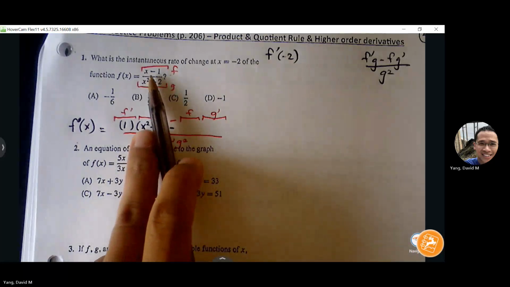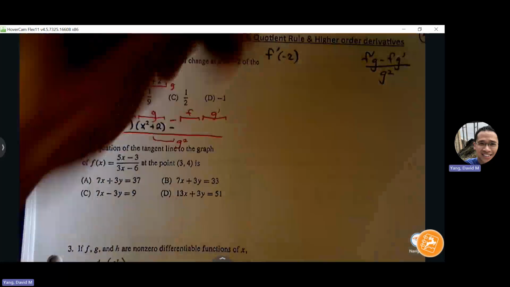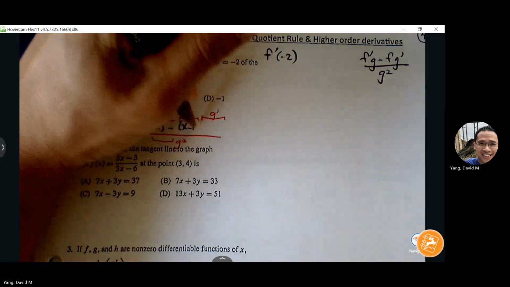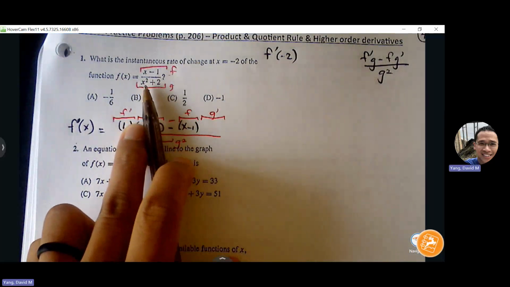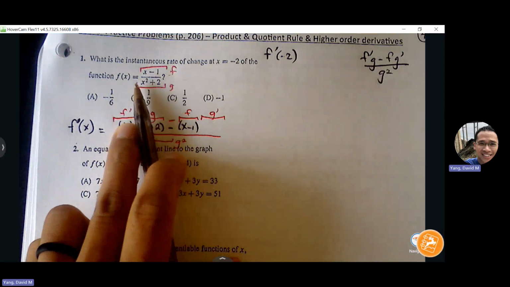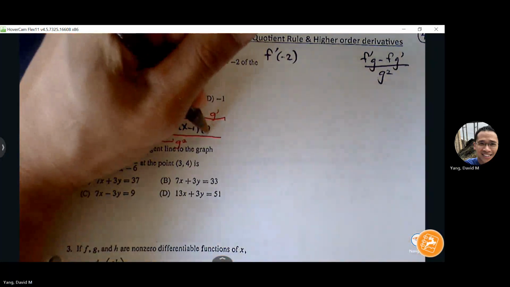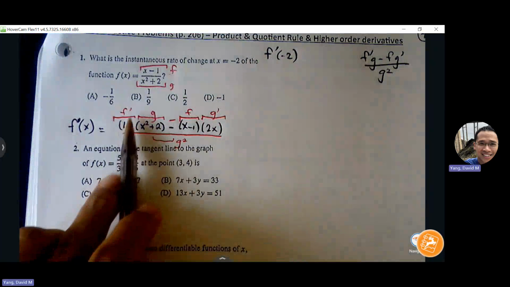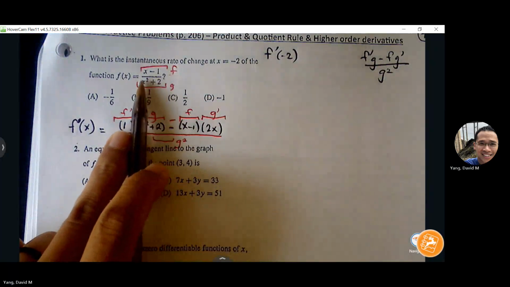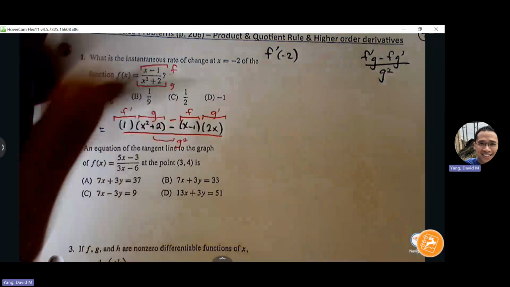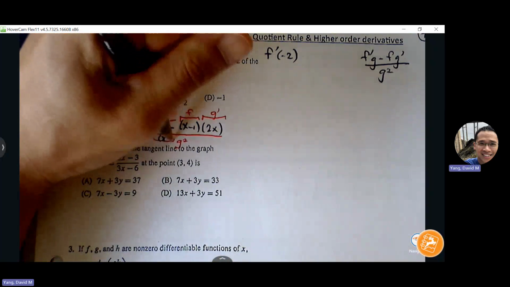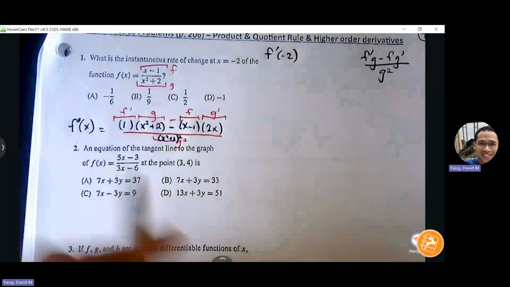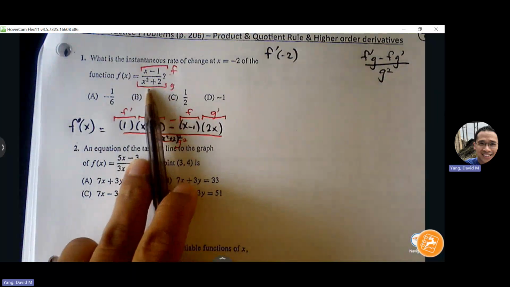Back to f, x minus 1. g prime, x squared is 2x, right? Yeah, bring the 2 down. All over, yeah, so we have to take that entire denominator, x squared plus 2 quantity squared. So I have to square that whole thing.